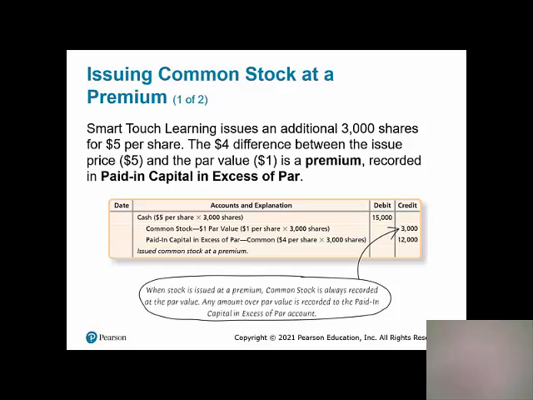Then the difference between what we received, $15,000, and the $3,000 par value would be credited to paid-in capital in excess of par, and we do add common, especially if we have preferred shares. So that is the debit and the credit when the shares of stock are sold for more than par value.